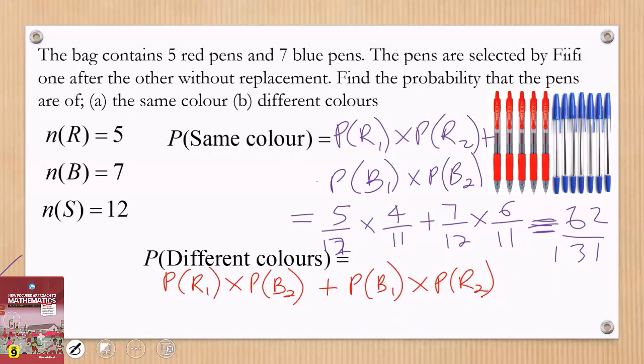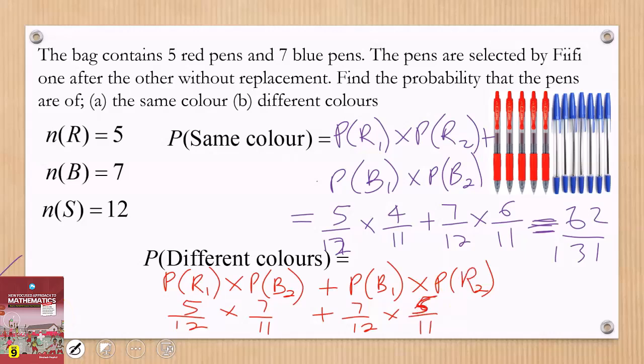So the first one being red means 5 on 12 times second being blue means 7 on 11, plus first being blue means 7 on 12 times second being red means 5 on 11.